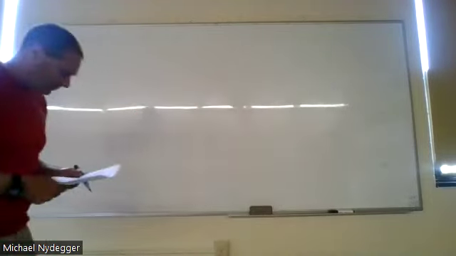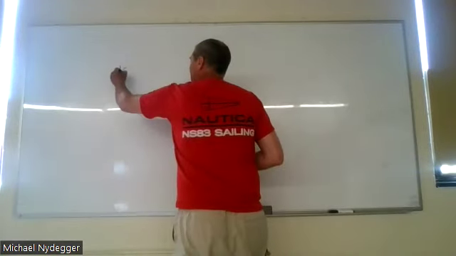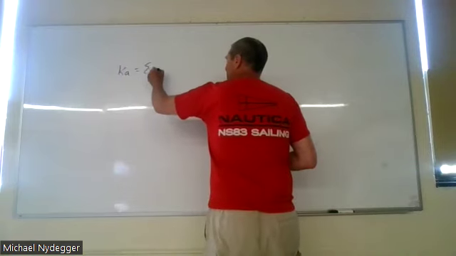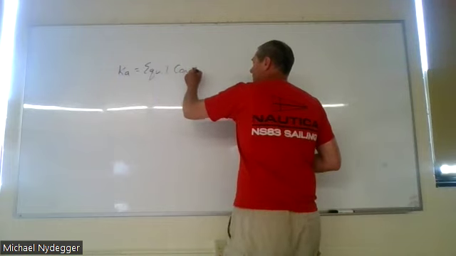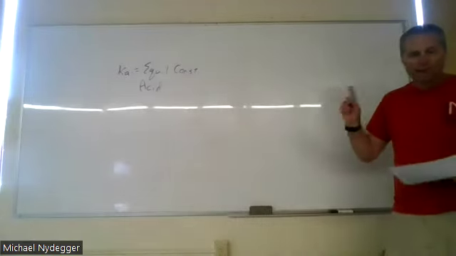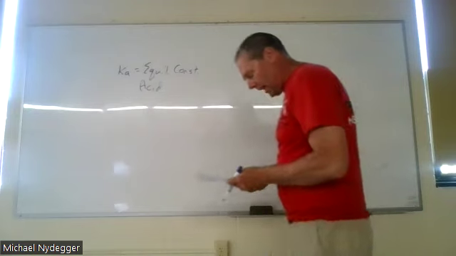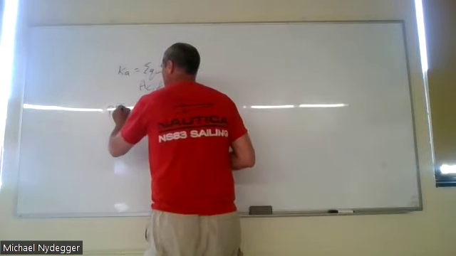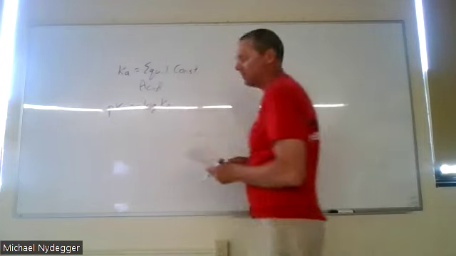Now, we've looked at those Ks, right? So we know that a Ka is going to be the equilibrium constant for an acid. A lot of this is going to be a review, okay? What we can do now is take the pKa, which is equal to the minus log of the Ka.